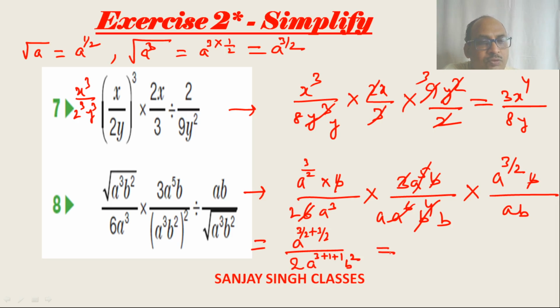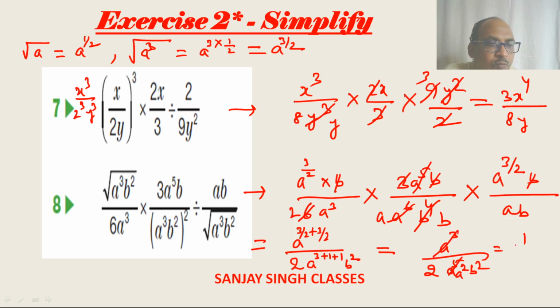So this will give us a to the power 3 by 2 plus 3 by 2, which will give us a to the power 3 only, divided by 2 a to the power 5 b square. Again this a cube will cancel a square, so it will become 1 by 2 a square b square.